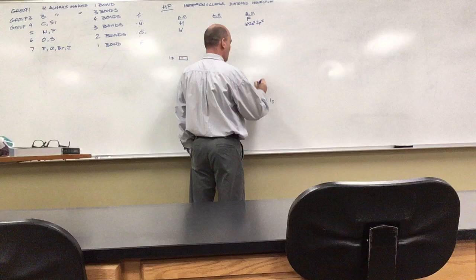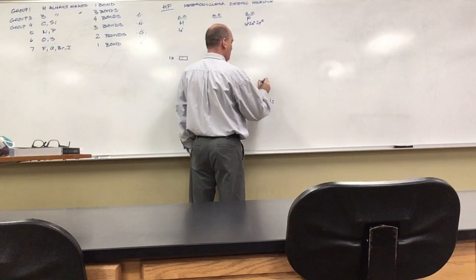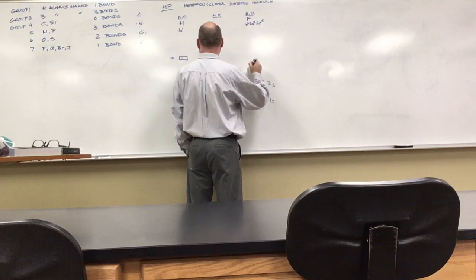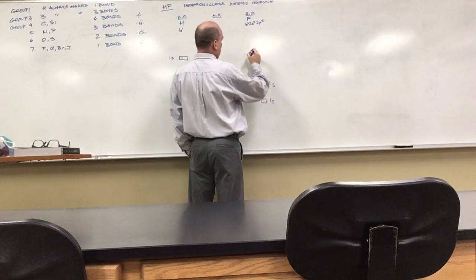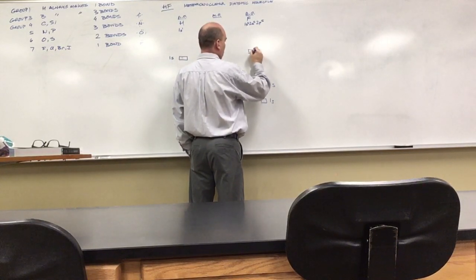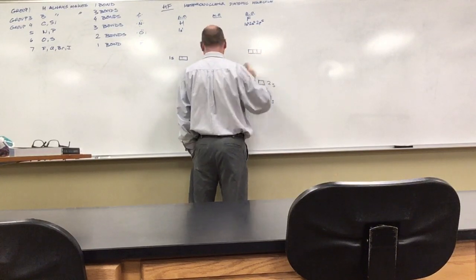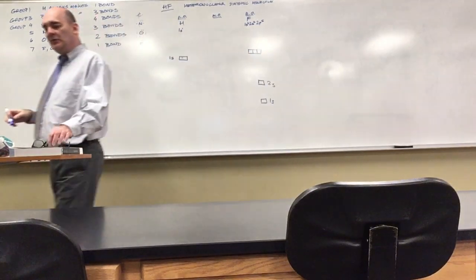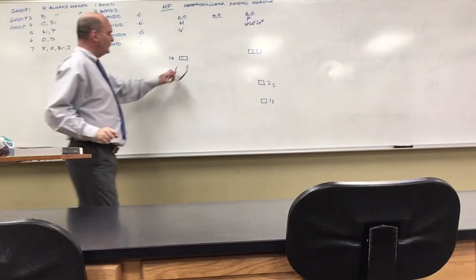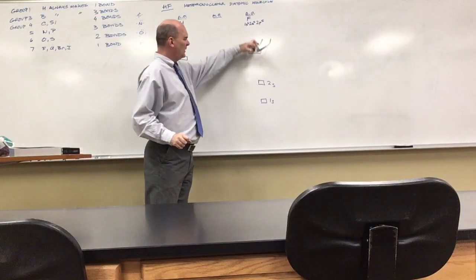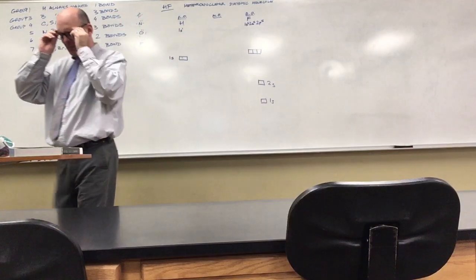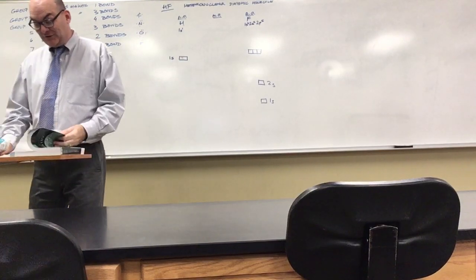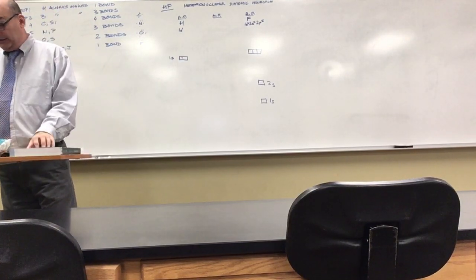1s, 2s, you know what, I should probably look it up. I don't know if the 2p is below this 1s or above it. I think it might be above, because it is a 2 and it is a p.